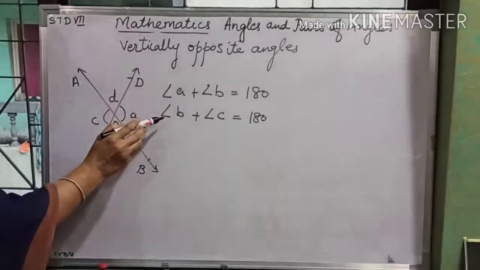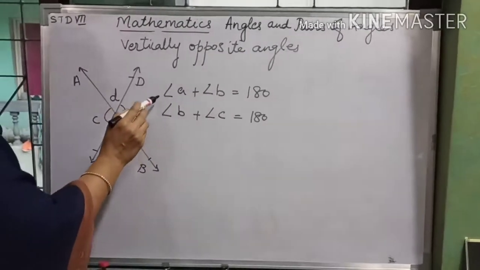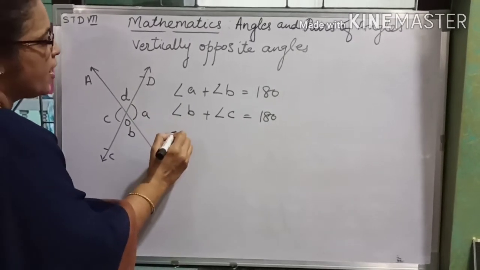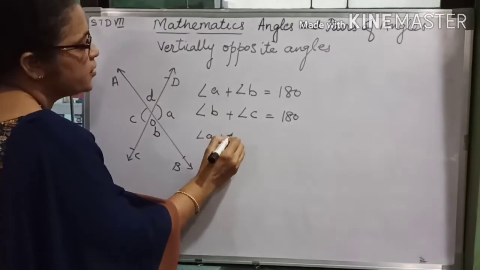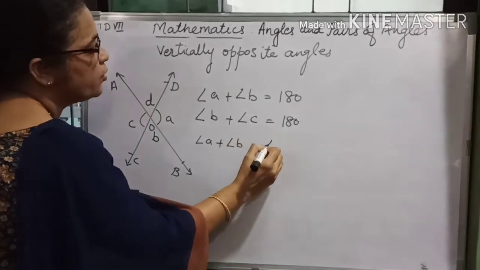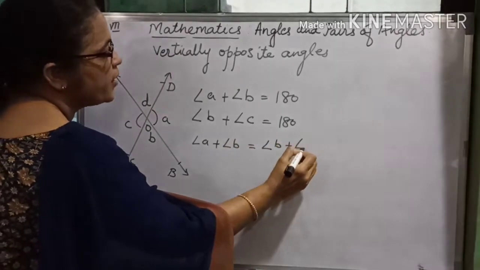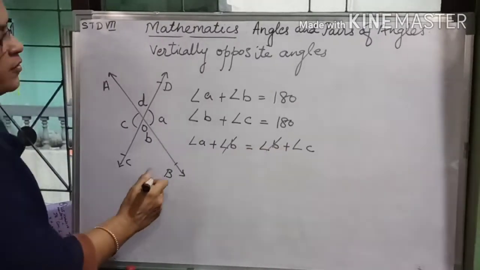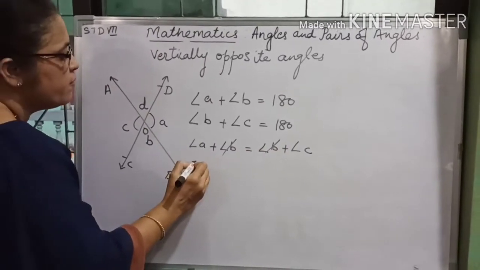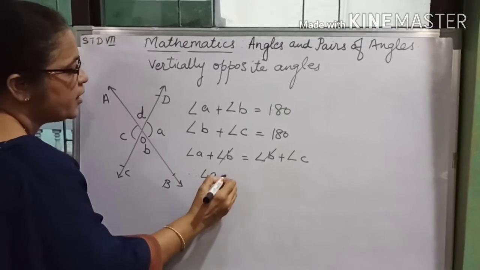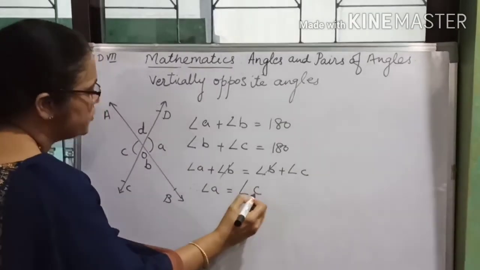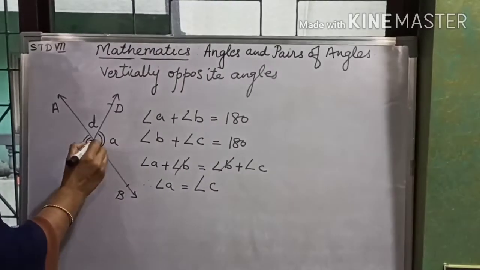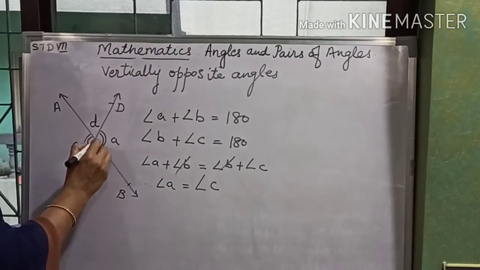Now, if we equate these two, then we have angle A plus angle B is equal to angle B plus angle C. So angle B will be removed from both the sides. Therefore, we have angle A is equal to angle C. These two angles are vertically opposite angles.